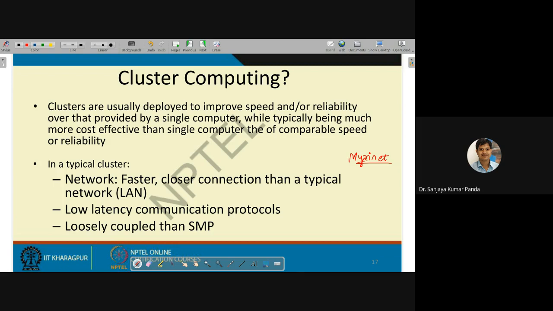You also have to see the latency. Latency is nothing but delay. So you have to see that delay should be as minimum as possible. That's why we call it a low latency communication protocol. Nowadays protocols are developed as lightweight protocols. If you go for heavyweight, then you have a lot of features, but it becomes slower, leading to high latency.